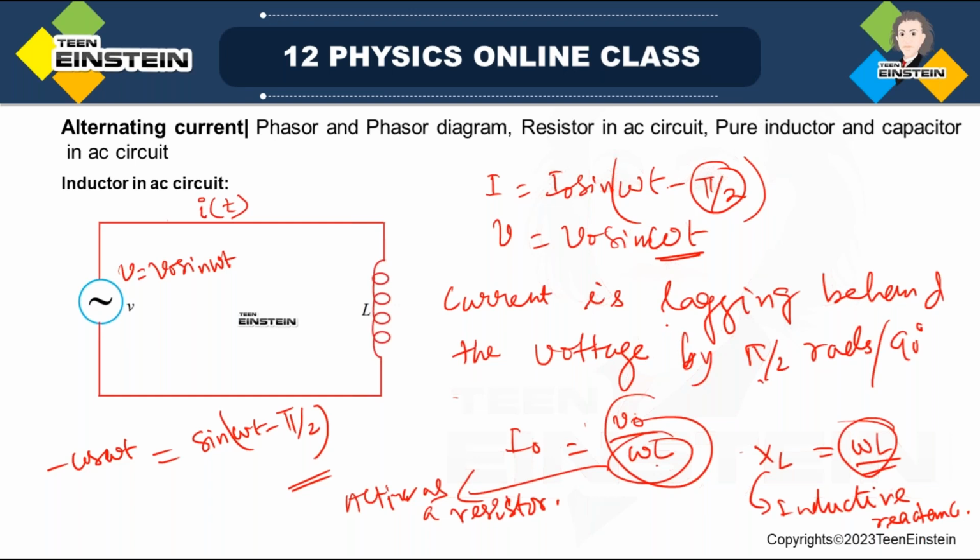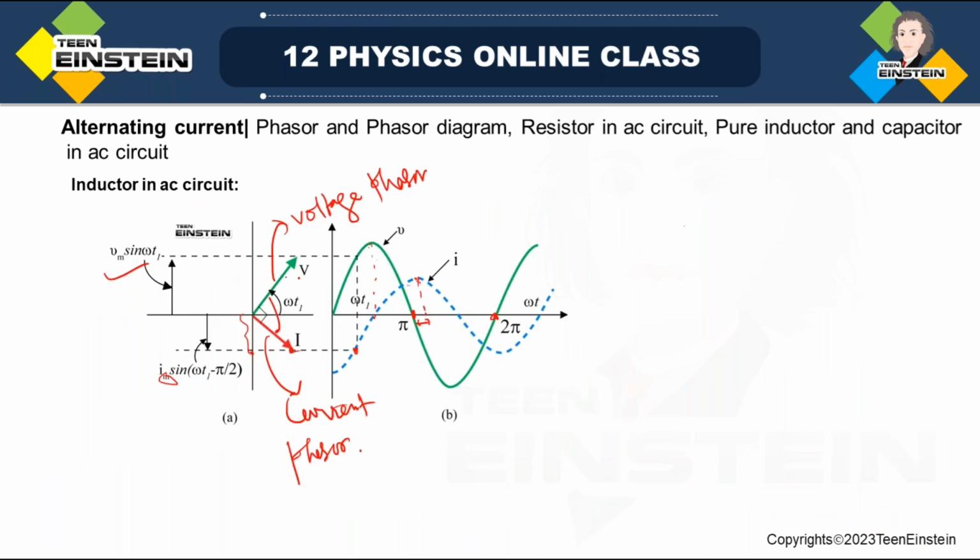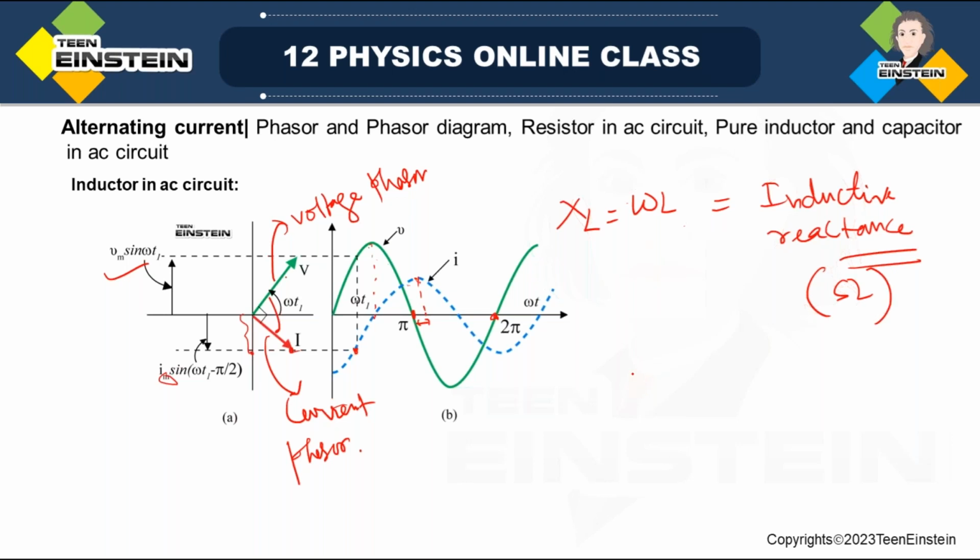So graphically we showed how current and voltage are related in an inductor coil, and we have seen that omega L is a quantity named XL, which is called inductive reactance, and it has the unit ohm.